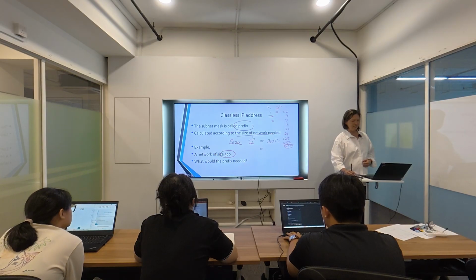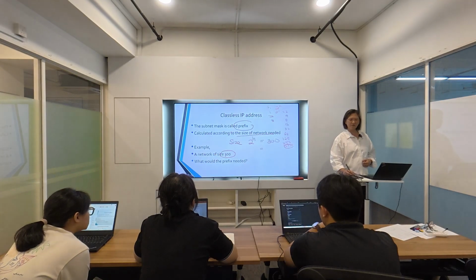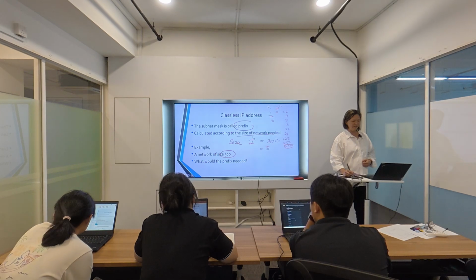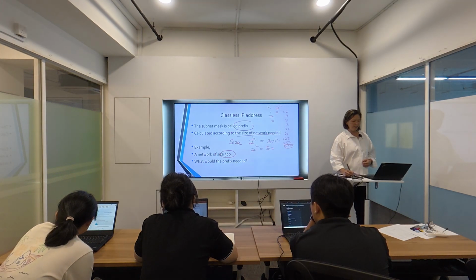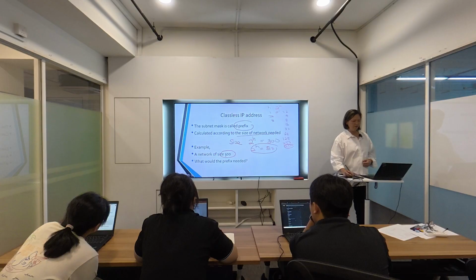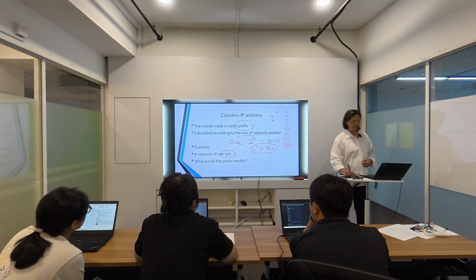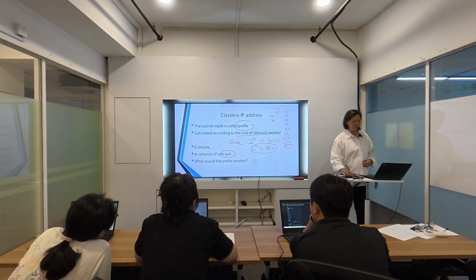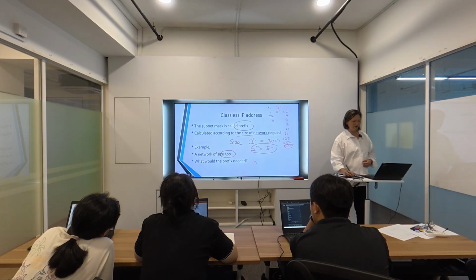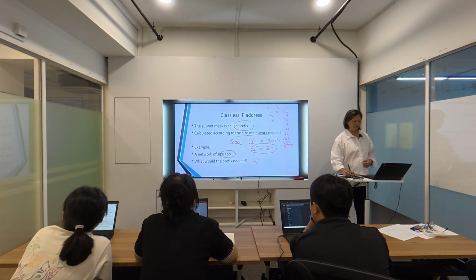So that is the nearest, larger 2 to a power, which means it's a 512 network. Okay, so our h will be 1, 2, 3, 4, 5, 6, 7, 8, 9. So our host bit will be 9.